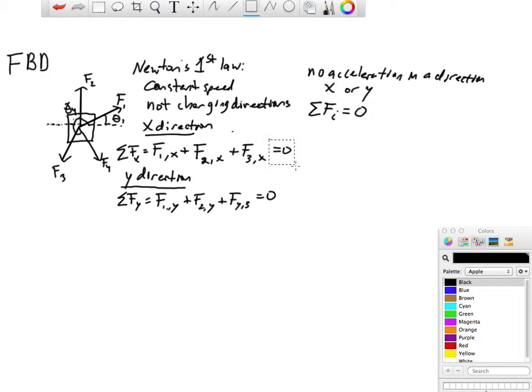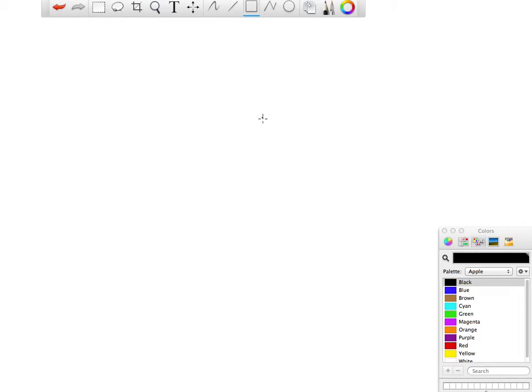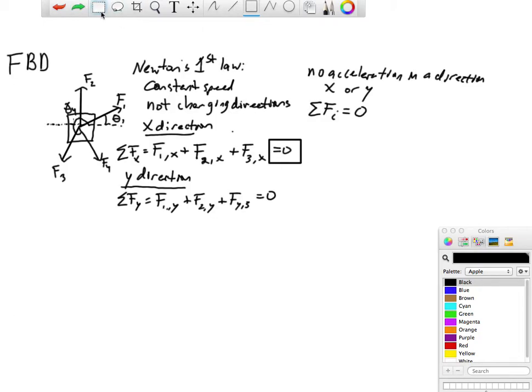So I would actually get rid of these little equal to 0 parts and have to add on an extra force. I would say plus the x component of the fourth force, and then set that equal to 0, because I told you that Justin Bieber is being torn to shreds, thank goodness, and there has to be some fourth force to take into account to prevent him from moving.